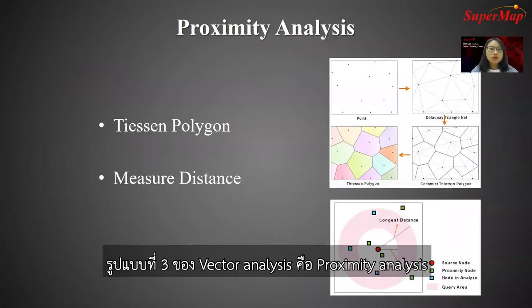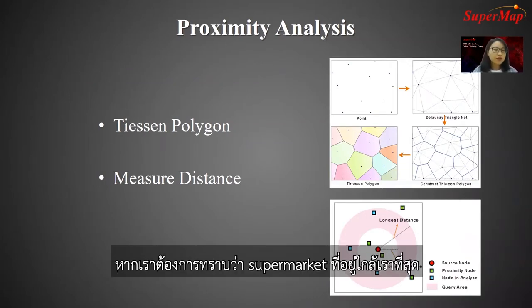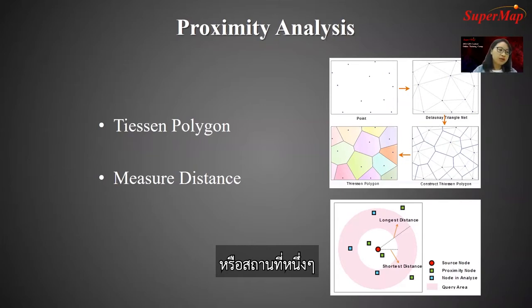And the third vector analysis is about the proximity analysis. In real life, we often meet this situation, just like we want to know which is the nearest supermarket to your house or to a certain place.